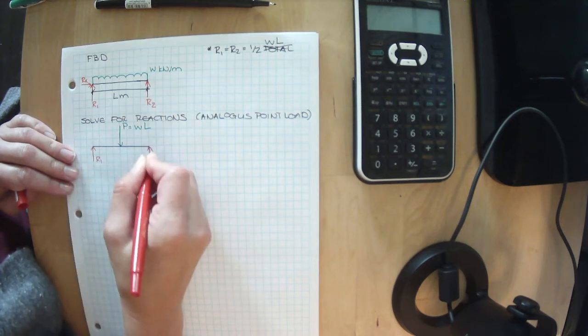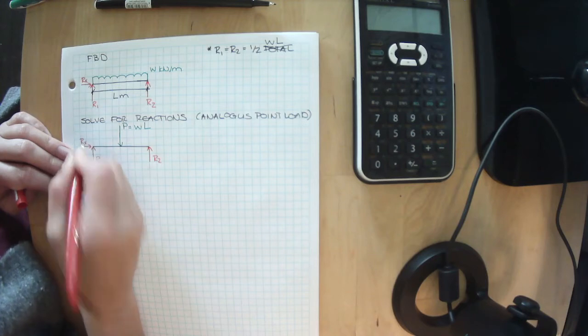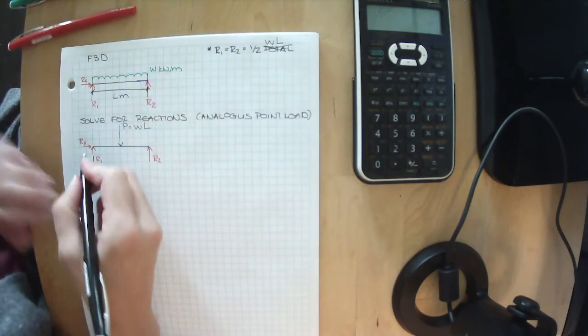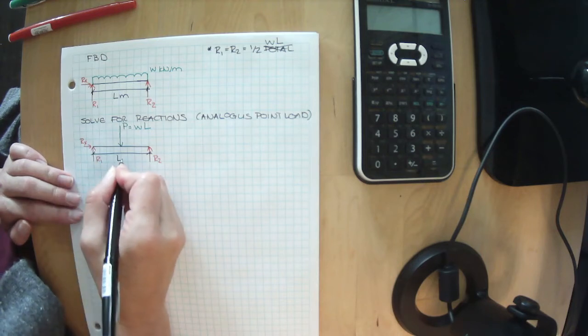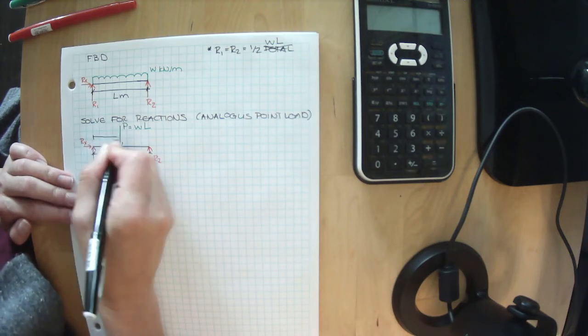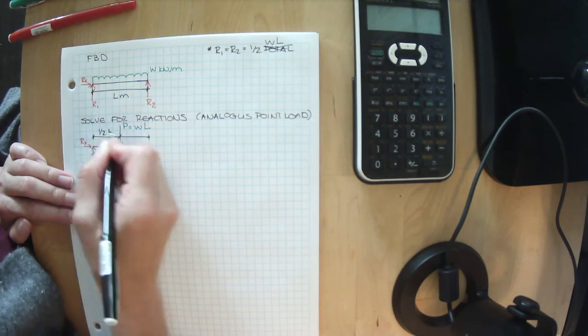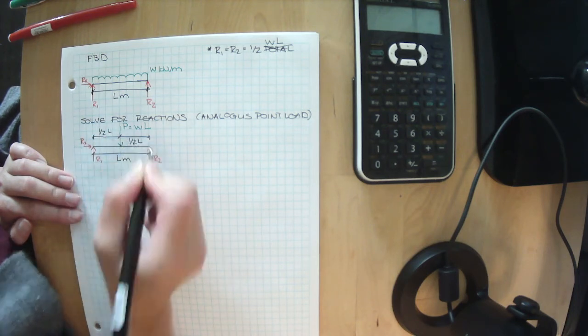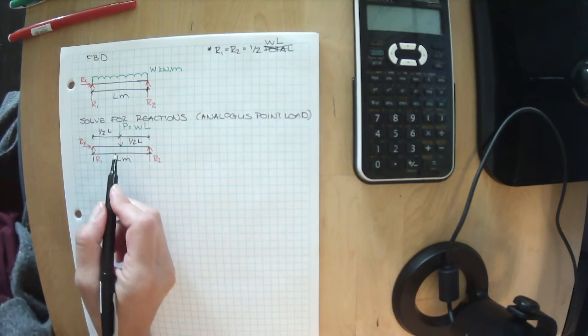R1, R2, Rx. We are L meters long, and both of these are 1/2 L and 1/2 L. This looks pretty darn similar to what we had done before.